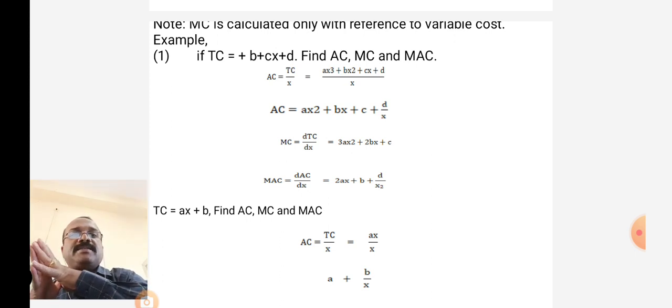AC equals TC divided by x, which is equal to ax cube plus bx square plus cx plus d, divided by x.